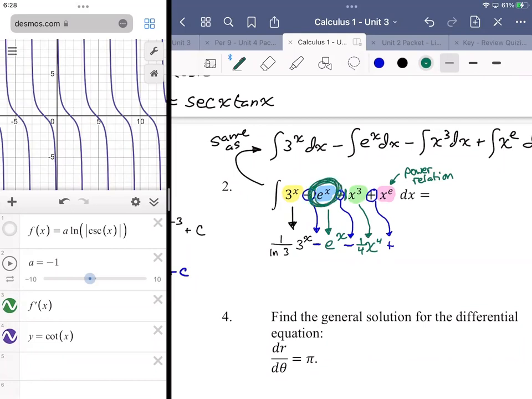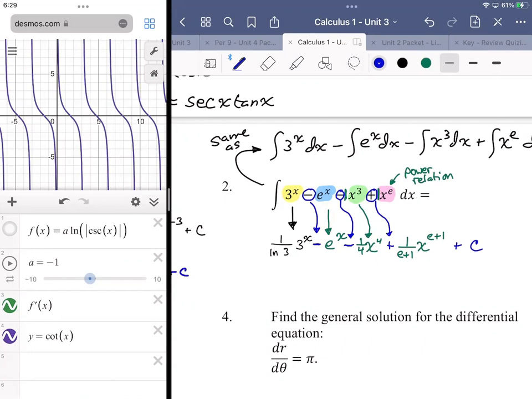Just because it has an e in it doesn't mean it's exponential. E to the x, constant base, variable exponent. Variable base, constant exponent, that's a power function or power relation. So understood coefficient of 1, increase the exponent by 1. The best we could do there is just write e plus 1, divide by that new exponent, and then just tack on a plus c at the end, and you're good to go.